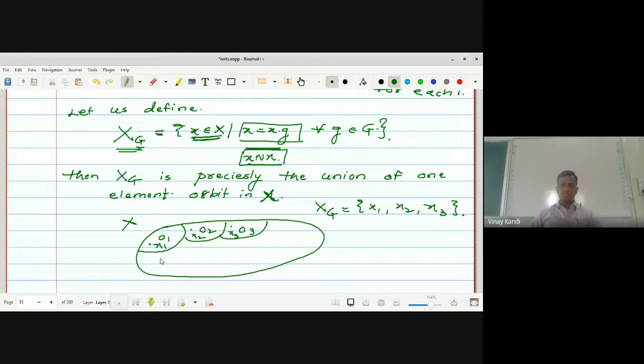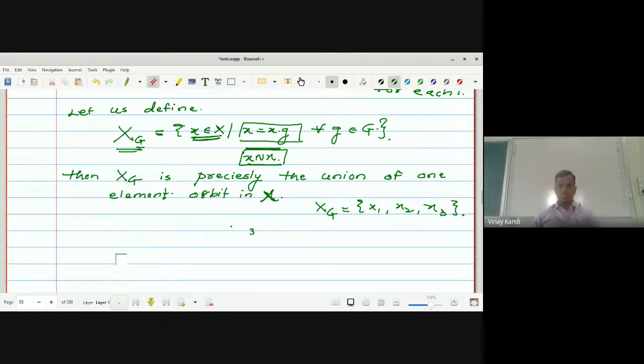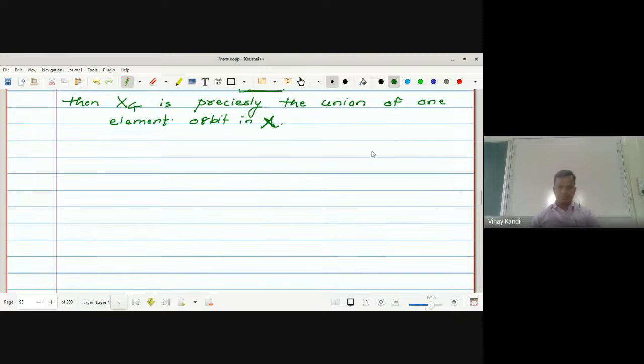जरा ऐकत असाल तर समजेल. Yes, sir. Okay. So then Xg is nothing but precisely the union of one element orbits in X. Okay, now look at it. Suppose this is X. Suppose this is X1. This is X2. This orbit contains only one element.